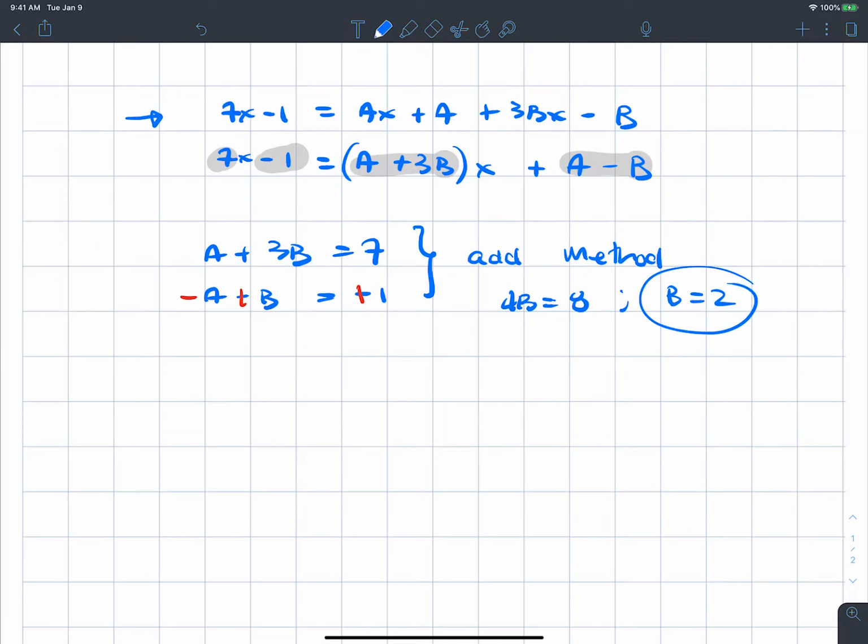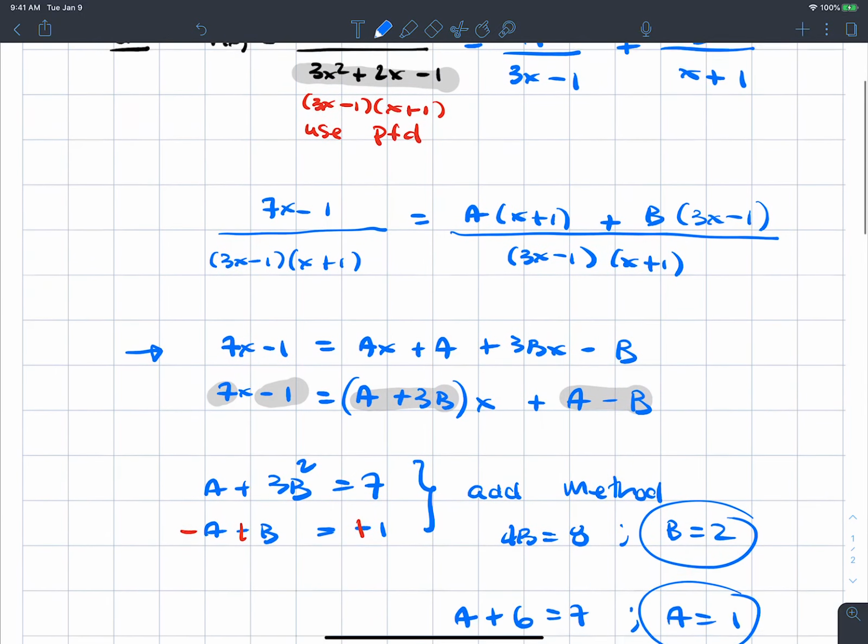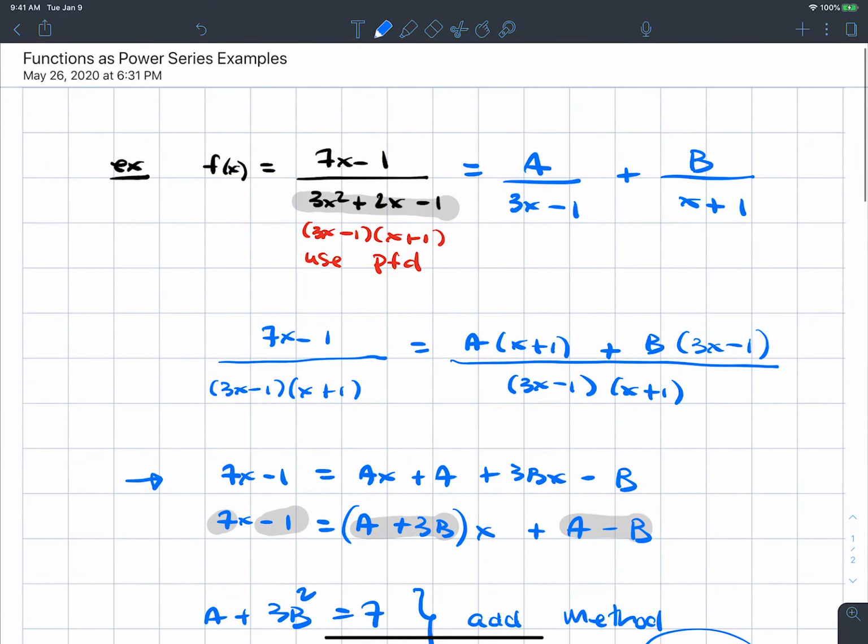And if b is 2, we get a + 6 is 7, or a is 1. So by partial fraction decomposition, a is 1 and b is 2. So we're going to replace these values, 1 and 2.